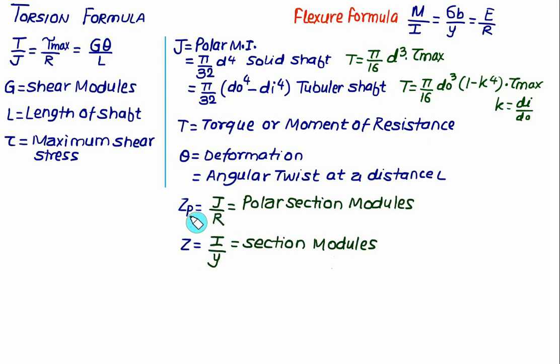Now we can take advantage of the polar section modulus Zp in the equation for finding the value of tau max.